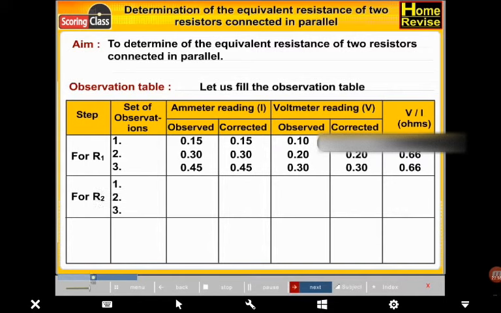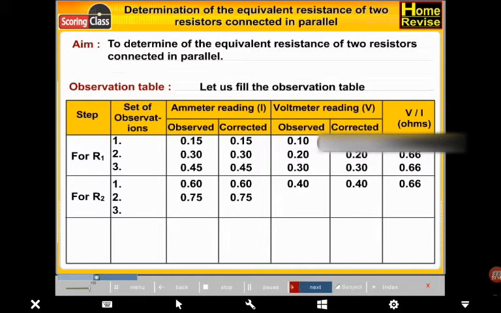For R2, for first set of observations, ammeter reading observed 0.60, corrected 0.60, voltmeter reading observed 0.40, corrected 0.40, it is 0.66 ohms.